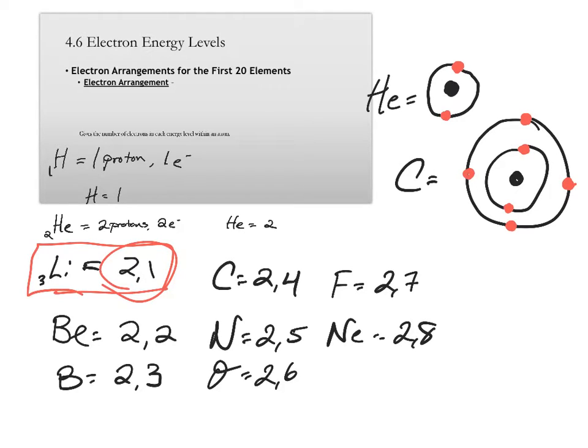So neon would have 1, 2, 3, 4, 5, 6, 7, and 8 electrons in that second orbit. Then we would move up to the next energy level, the third energy level, which is why we go 1 row lower on the periodic table.